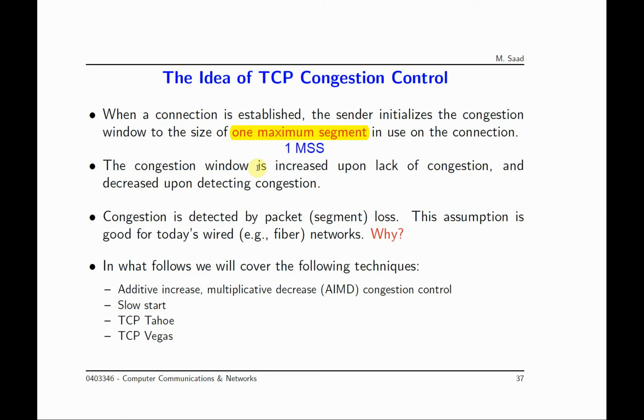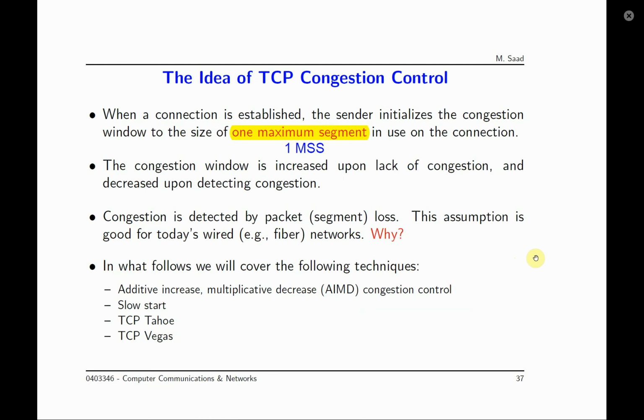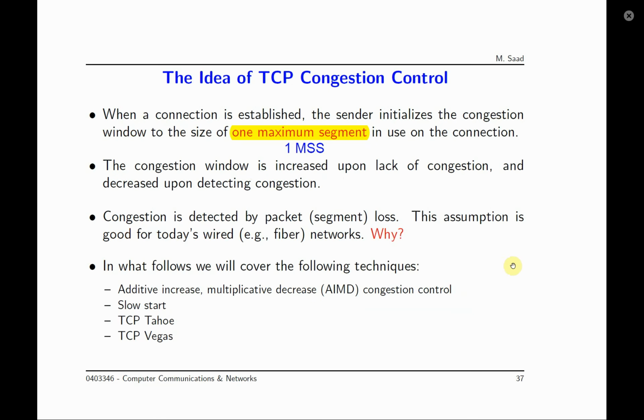The deal is as follows. If the sender thinks that there is congestion, with the next transmission the congestion window value needs to be decreased. However, if the sender thinks that there is no congestion, with the next transmission the congestion window value will increase.